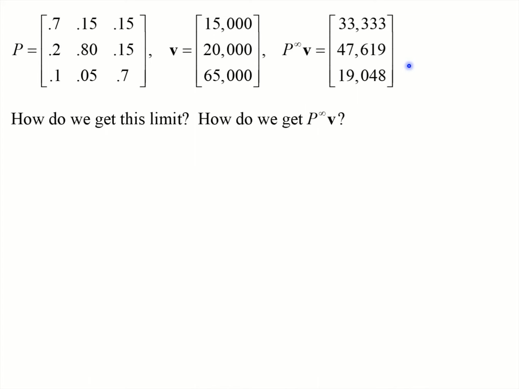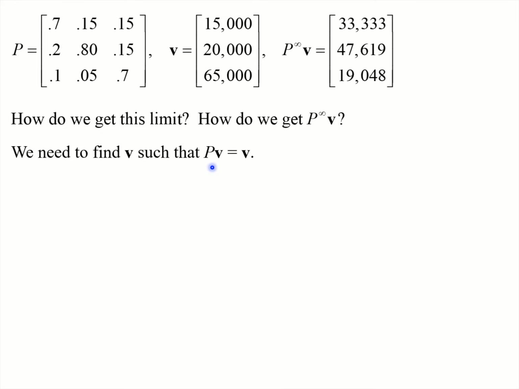So that's what we're going to look at. We need to find a V such that P times V equals V. Now, why we want to do that is because if I were to multiply this vector on the left side by P, it should remain the same. That's what I want to do, and that's why I'm asking this question.